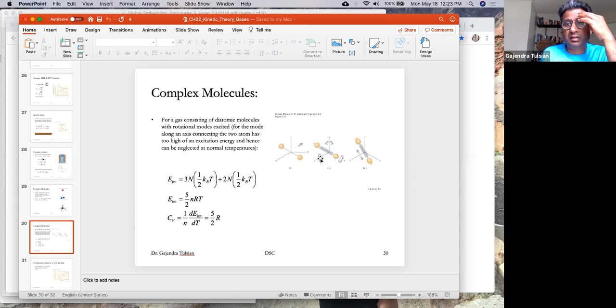This other rotational degree of freedom is inaccessible because the energies, even for the first excited state, are too high. And here are the 2 vibrational degrees of freedom. Those energies are also high, and you don't access those degrees of freedom till you raise the temperature of the gas quite a bit. So this is with 5 degrees of freedom, so CV is 5/2 R.